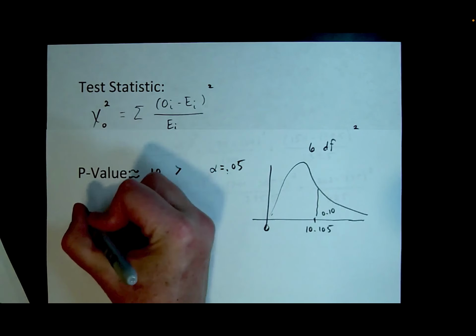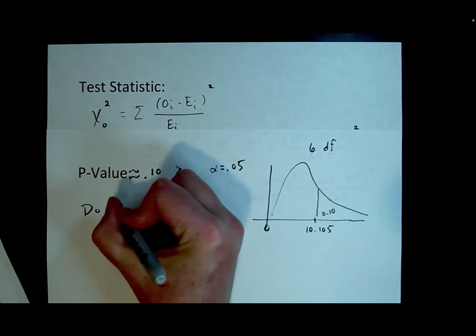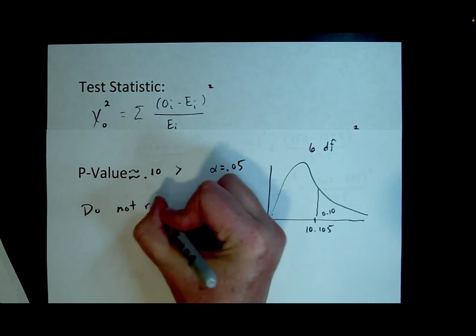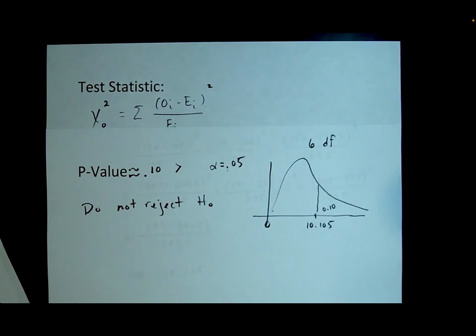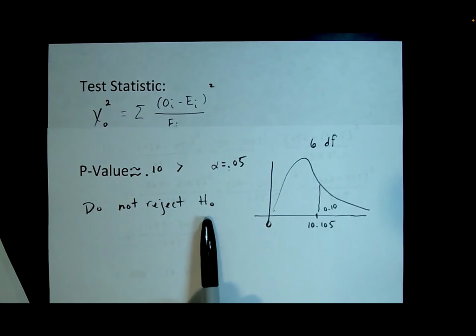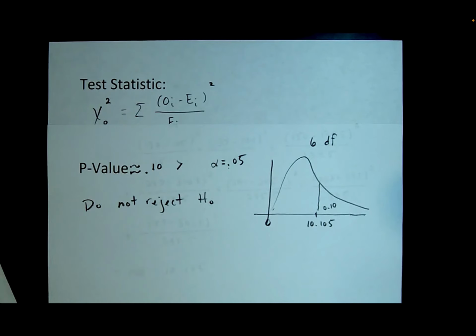Yeah, you do not reject the null hypothesis. It's not that improbable that the observations that were made would have been made with H naught being true. So we don't have enough evidence to reject H naught.